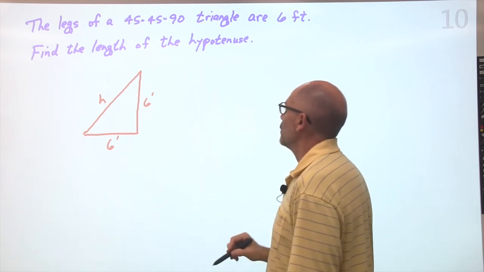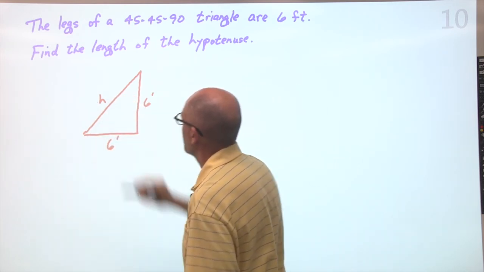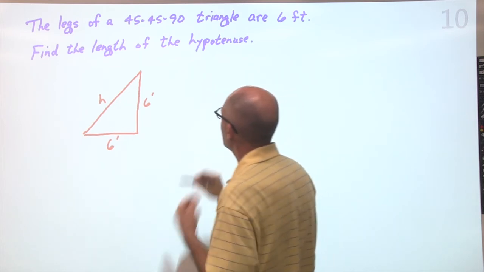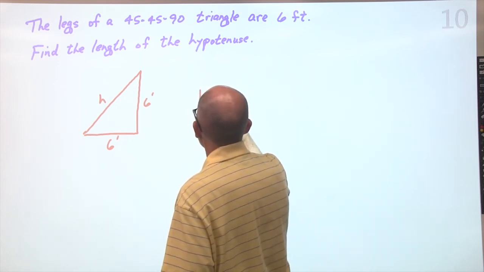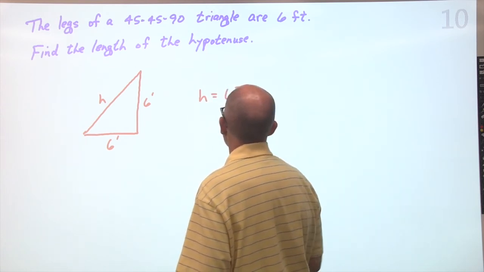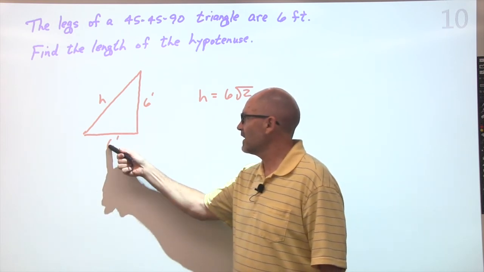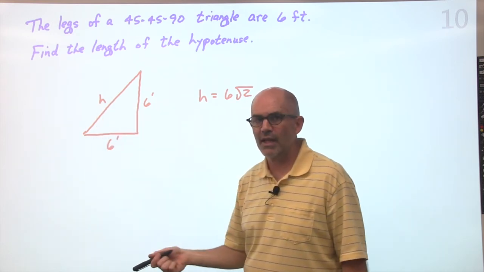So what we can do is say if this is 1 to 1 to square root of 2, then all we do is say the hypotenuse is going to equal 6 times square root of 2. That's it every single time. Just multiply the side by square root of 2 and you get the hypotenuse.